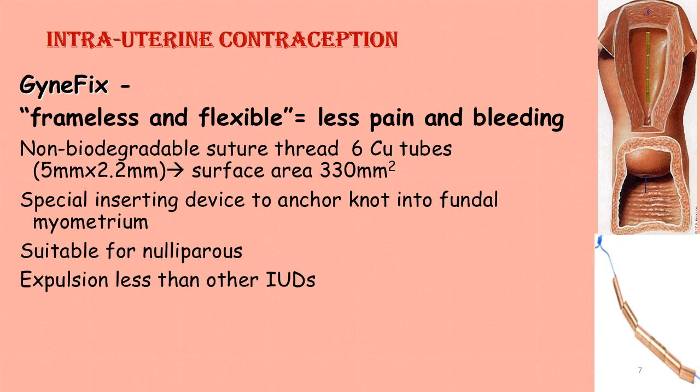Then intrauterine contraceptives, that is GyneFix, frameless and flexible. So this causes less pain and bleeding. It has a non-biodegradable suture thread with 6 copper tubes. You can see at the right side of the picture the 6 tubes of copper, with a surface area of 5 mm by 2.2 mm.